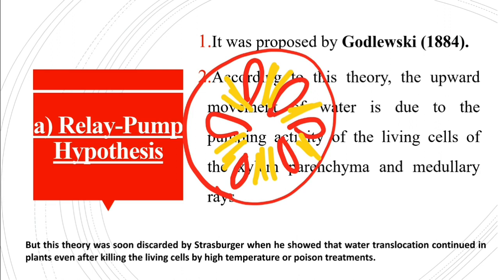But this theory was soon discarded by Strasburger when he showed that water translocation continued in plants even after killing the living cells by high temperature or poison treatment. Strasburger said that even if we kill the xylem parenchyma and medullary rays, the water translocation continues in the normal way.